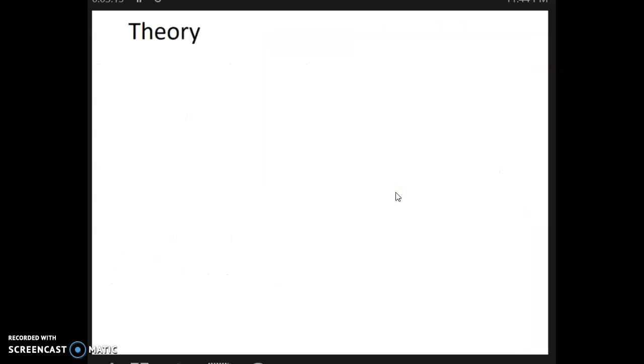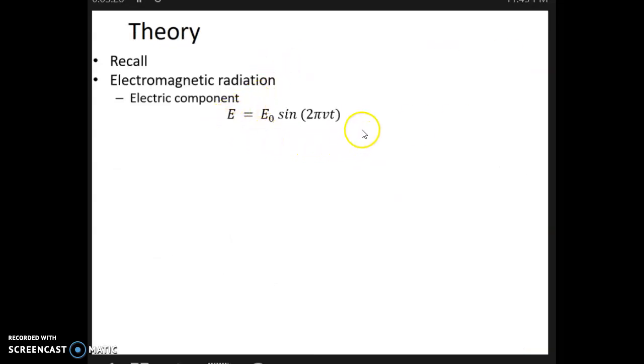The basic theory behind this is that electromagnetic radiation that oscillates at a particular frequency v has, like we said before, electric and magnetic components. The electric component is given by the amplitude multiplied by sine 2 pi v t.